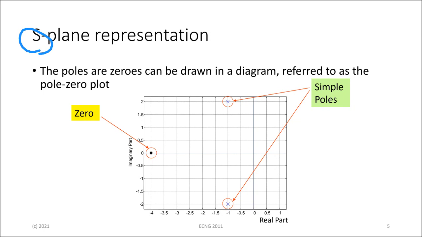And we said we usually plot the poles with an X and a circle around it, and the zeros with a dot and a circle around it. So in this particular diagram, there were poles at -1 plus or minus 2j, and a zero at -4.